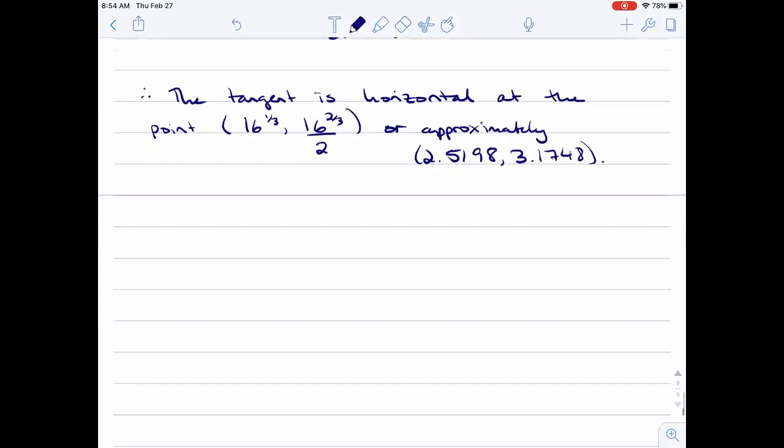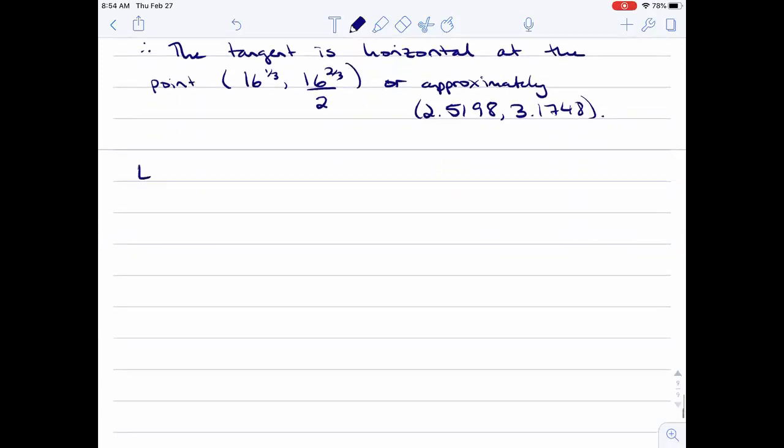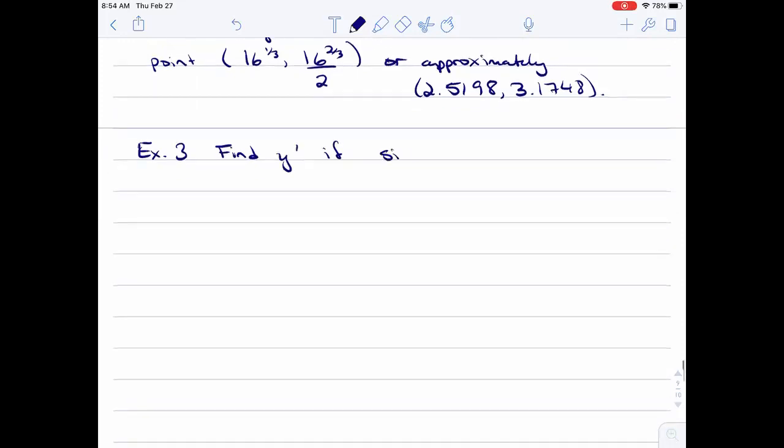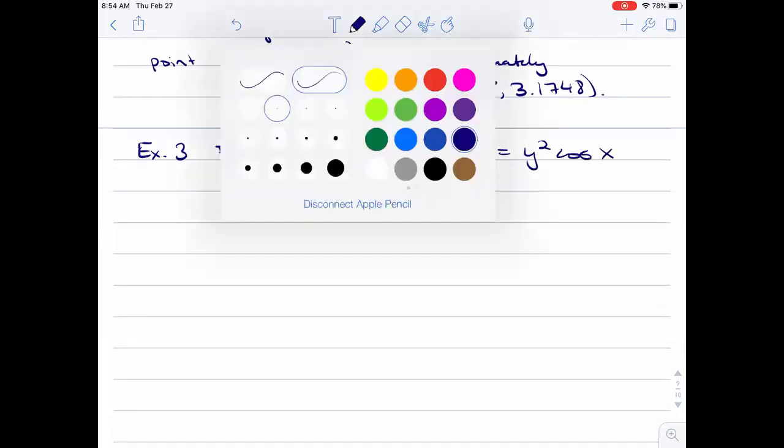So we'll do another example. Give you guys a little bit of time to work on this one because it's just finding the derivative, just for practice. So find y prime if sine of x plus y equals y squared cos x.